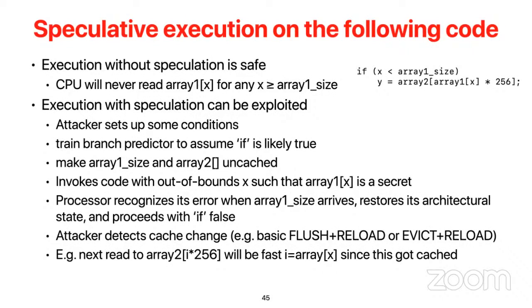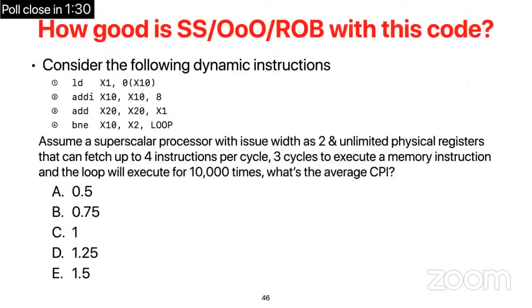All right, so talking about speculative execution, we have this dynamic sequence of instructions, and you remember this question, and if you remember this piece of code, it takes about 7 cycles to issue all instructions.